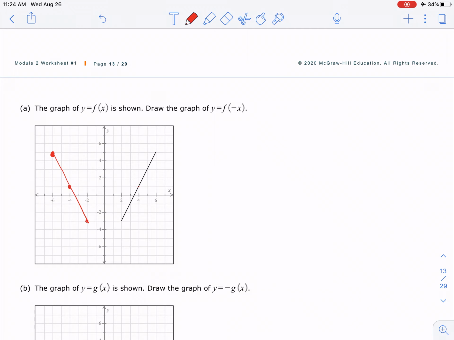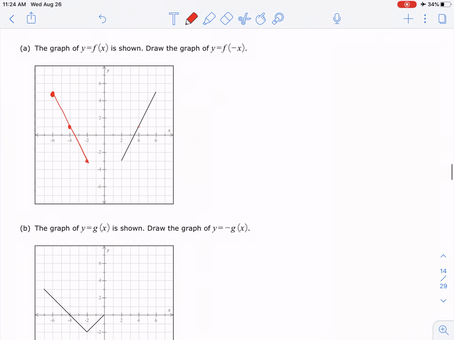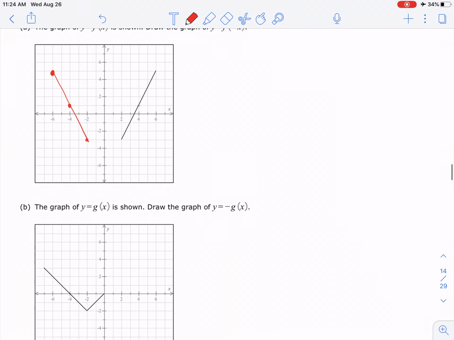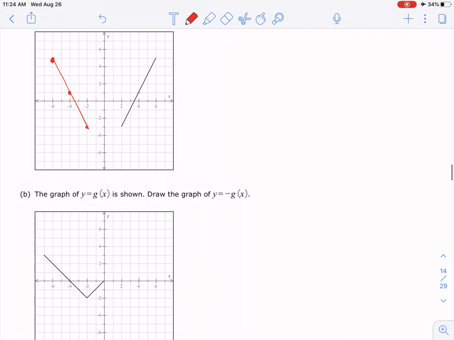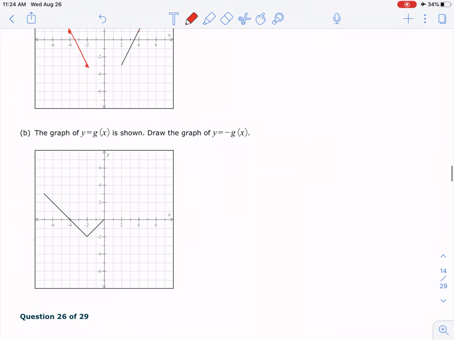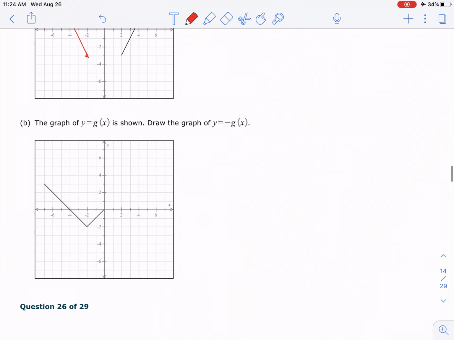Okay, so for B, you want to multiply the y coordinate by negative 1. So this one right here, 0, 0, so we have the same thing.